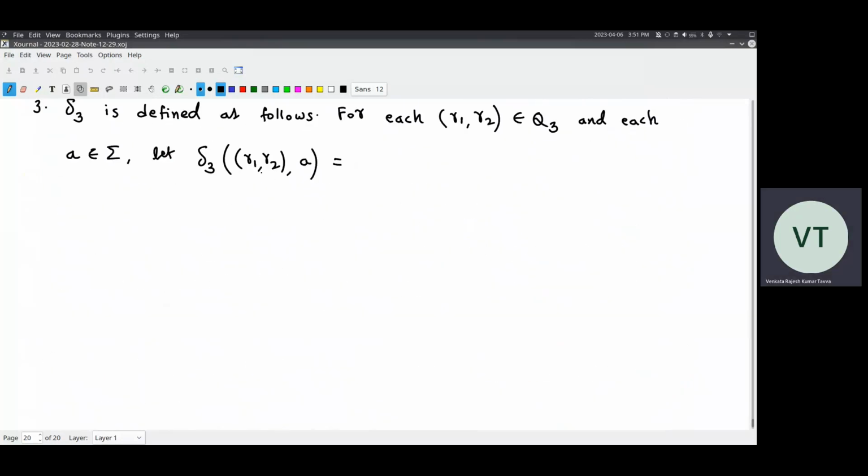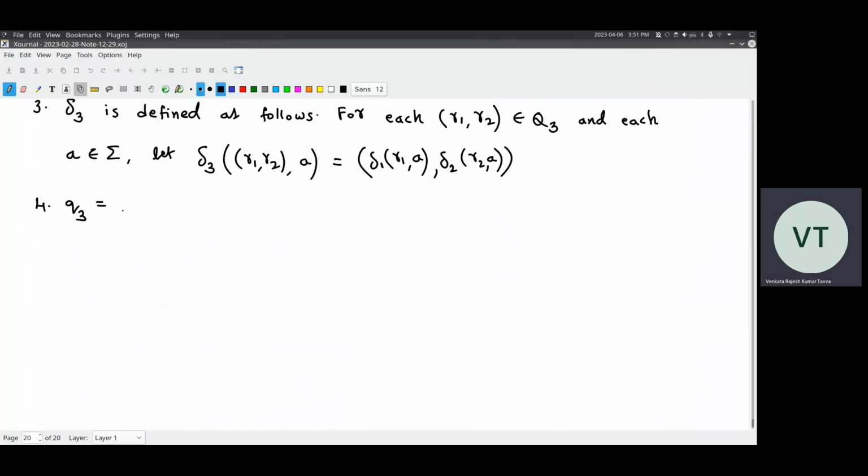So here delta 3 R1 R2 A will be an ordered pair with two elements, where first element comes from the first machine, second element comes from the second machine. So the first machine transition function is delta 1. So delta 1 R1 A. Okay, and second element comes from second machine, delta 2 R2 A.